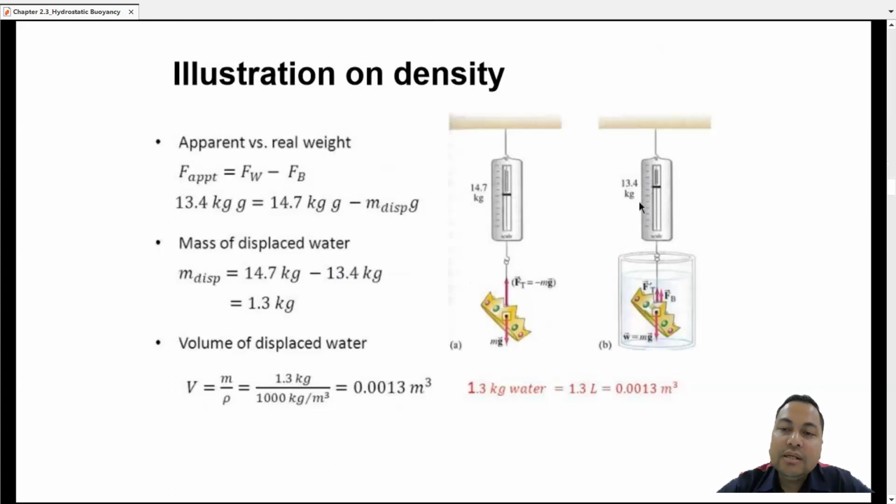So what happened is that the buoyant force makes the apparent weight 13.4 instead of 14.7 kilogram. So the mass of displaced water is 14.7 minus 13.4, which gives 1.3 kilogram. So we can obtain the volume of displaced water as this.